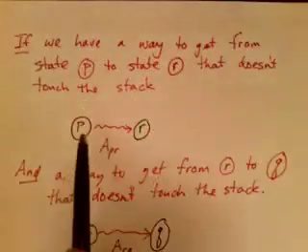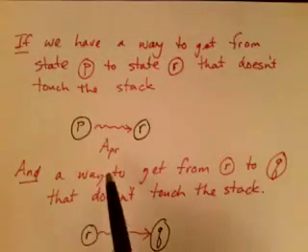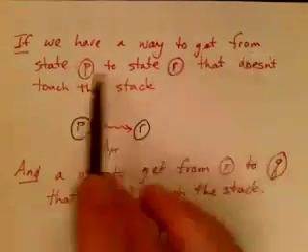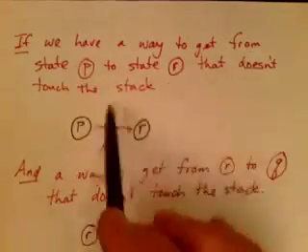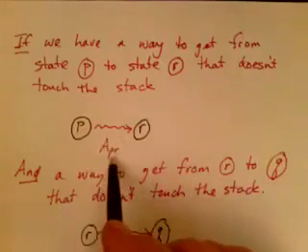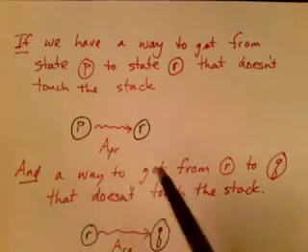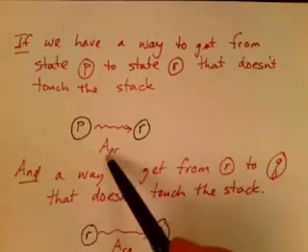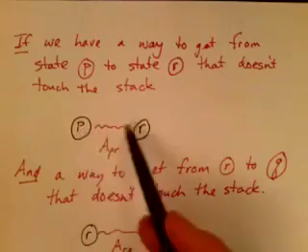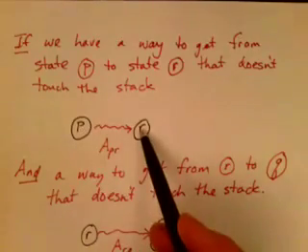Now the other thing we need to do is add the other sort of rule to our context-free grammar. If we have a way to get from state P to state R that doesn't touch the stack, okay, then we've got a non-terminal symbol in our grammar, A, P, R, and that will expand to all the strings that will take us from P to R without touching the stack.